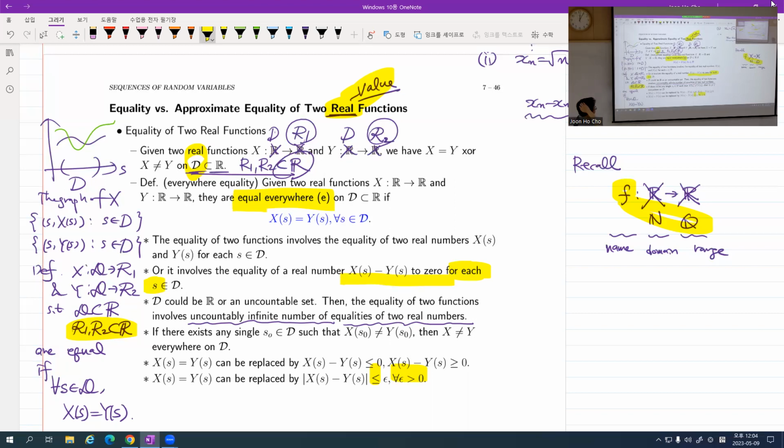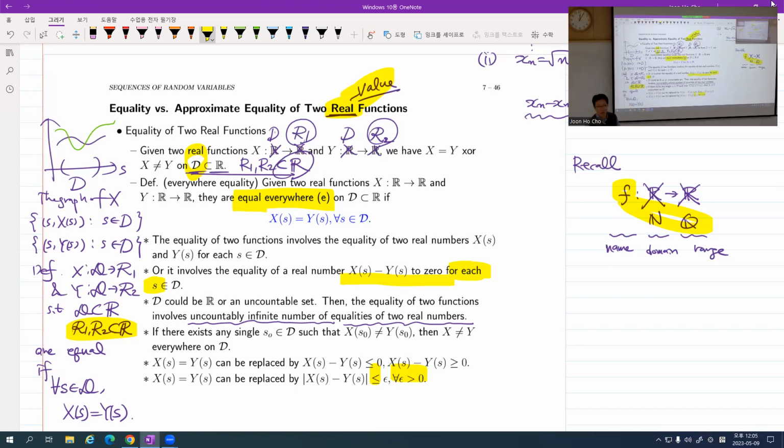So the first one is this one, too obvious. We just replace that part. Some real number equals another real number could be replaced by the difference equals 0, or equivalently, the difference is less than or equal to 0 and greater than or equal to 0.